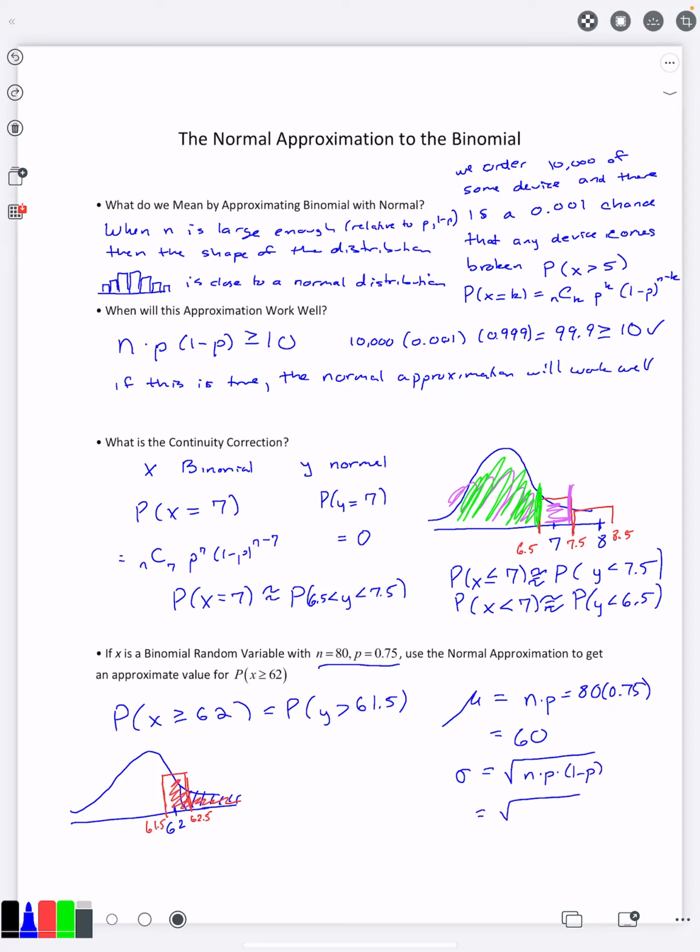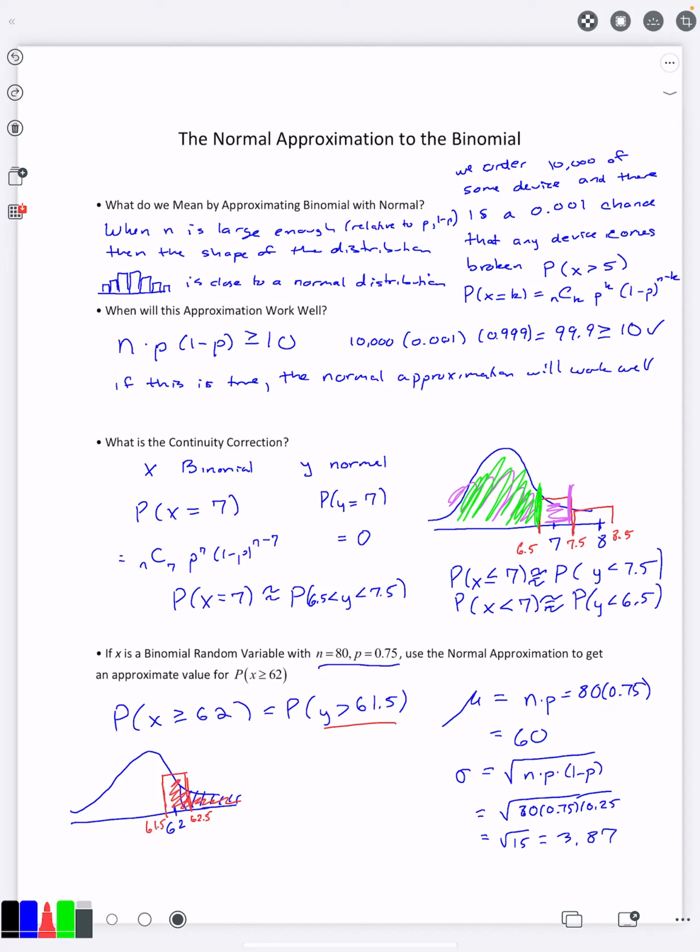That's the square root of 80 times 0.75 times 0.25. I get the square root of 15, which approximated is about 3.87. So now I have my mean and my standard deviation, 60 and 3.87, and I want the probability that you're bigger than 61.5.